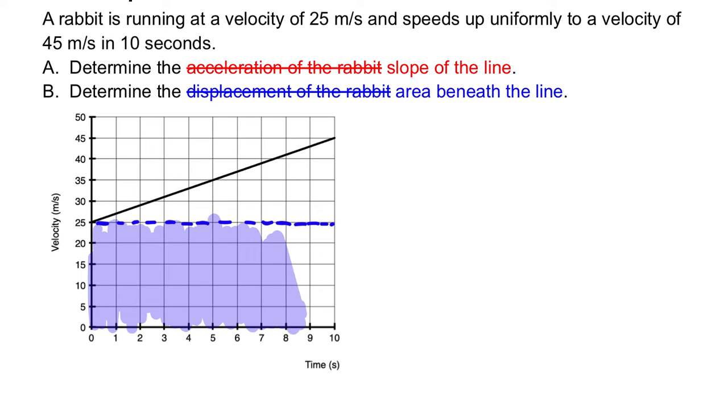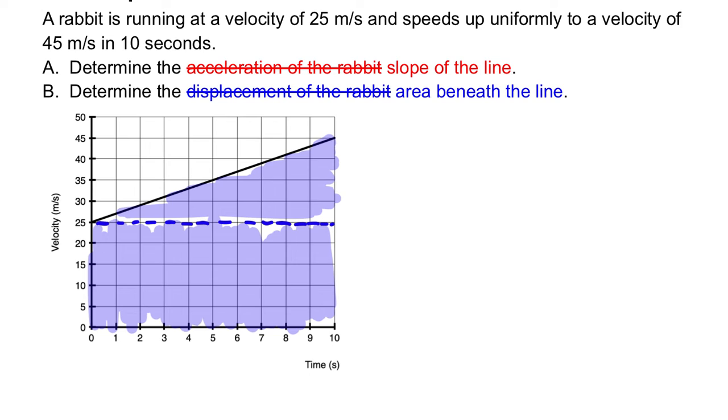So what we'll have to do here is consider this as two shapes. So namely, I'm going to first treat this like a rectangle with a triangle that sits on top of it. Okay, if you have the formula for the area of a trapezoid memorized, more power to you.